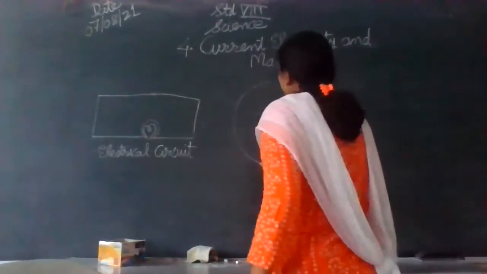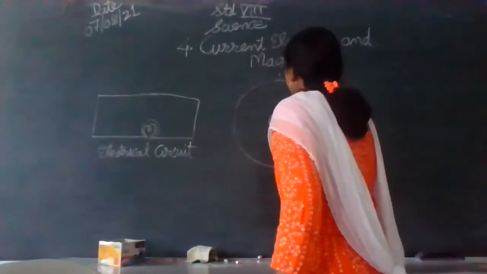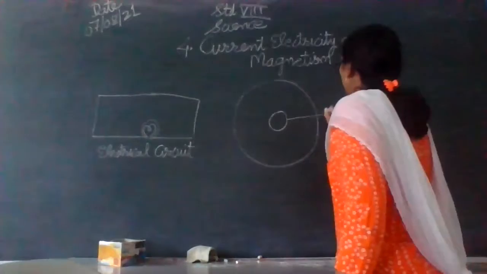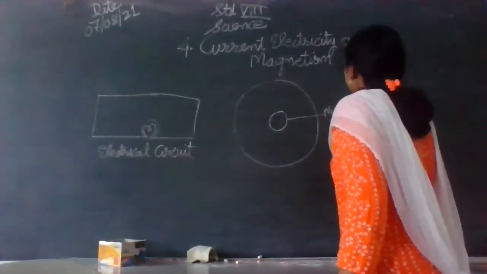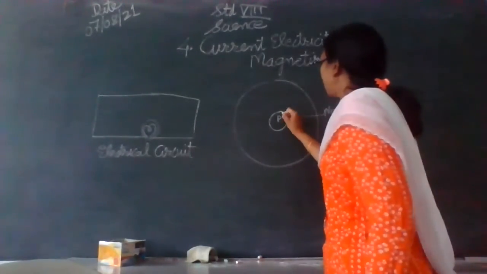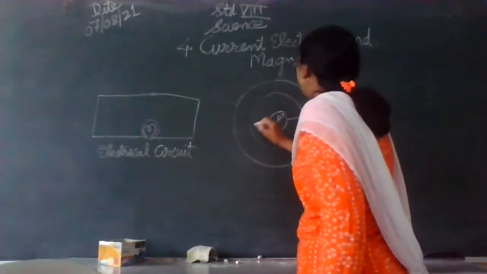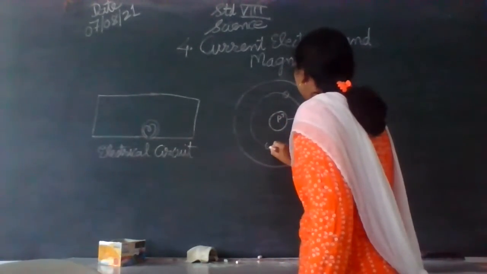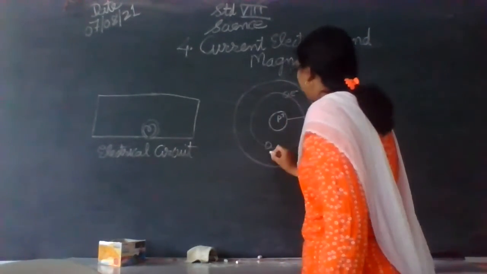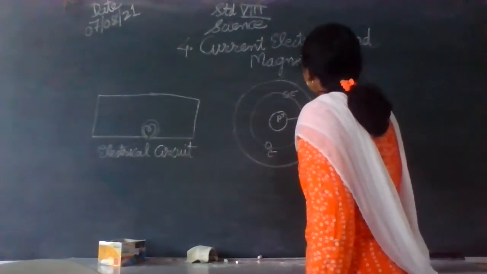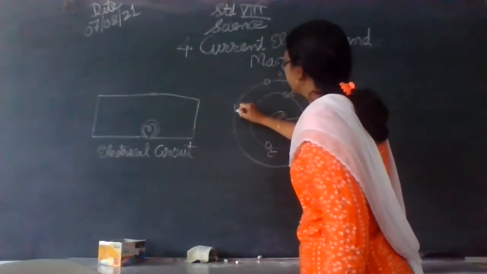So all of us know that an atom is a structure where there is a nucleus. Inside the nucleus there is a proton which is positively charged, and in outside orbits electrons are moving which are negatively charged.